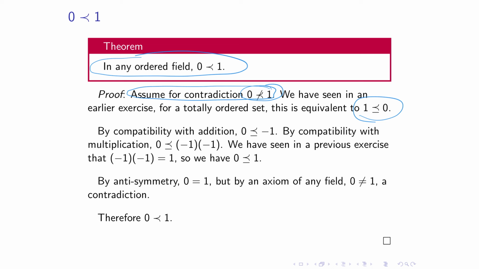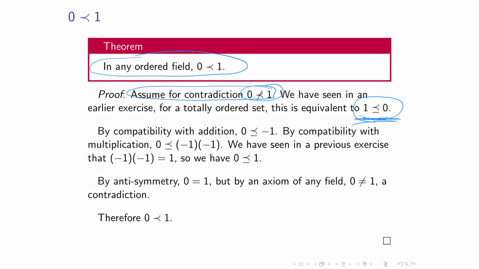Okay, what are we going to do? How are we going to get a contradiction? That looks very funny, right? We know a contradiction must follow from this, but how? Well, we're going to have to use some notions of compatibility. In particular, it seems like we ought to be able to use compatibility with multiplication somehow.